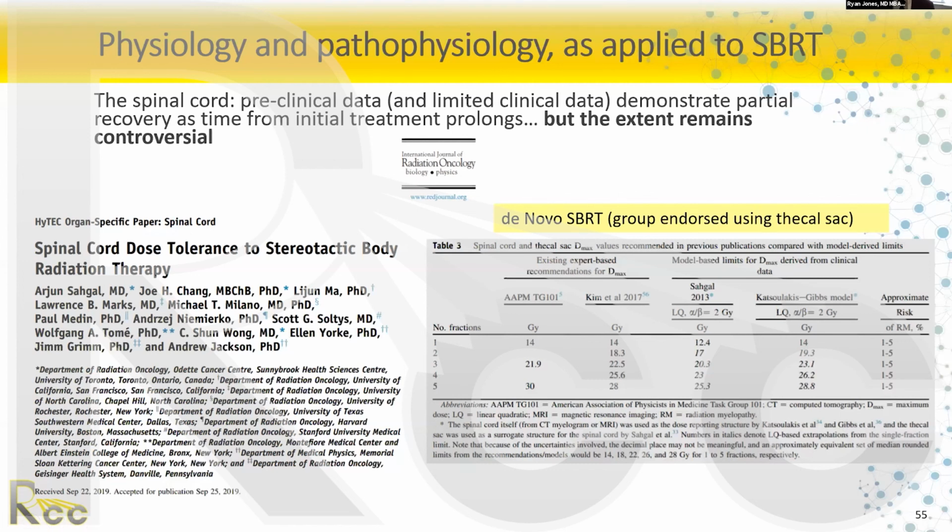They acknowledged that some preclinical data, so in animals, and limited clinical data in humans, suggests there is a partial recovery as time prolongs, but the extent was very controversial. They went through the tables in their talk and mentioned some of these prior papers and what constraints they endorsed. The first author on the paper really pushed his own from 2013, which was the more conservative, I think a safer approach for the authors to take, over what they endorsed as a constraint depending on number of fractions.